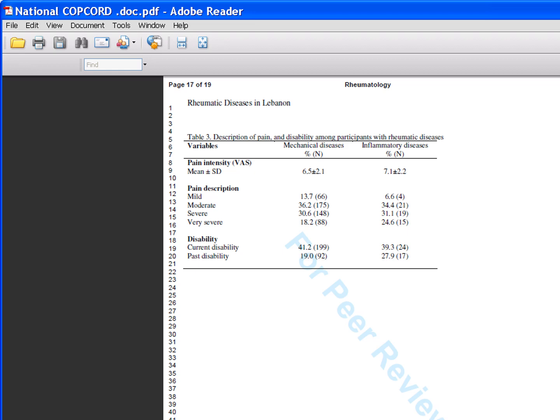This is very nice, because when you talk about, for instance, musculoskeletal disorders, you need not only to describe the participants who were there, but also those who are suffering from pain related to rheumatic diseases, which has higher pain levels, and which causes more disability. Again, these are not analytical, but just descriptive.